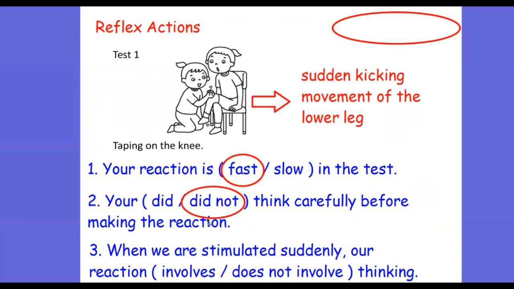So when we are stimulated suddenly, our reaction does not involve any thinking at all. The nerves will get the information, and then the nerves will transmit the information to the spinal cord, but without any thinking, the signal will not be sent to our brain. So our nerves will directly reflect the action back to the muscles.